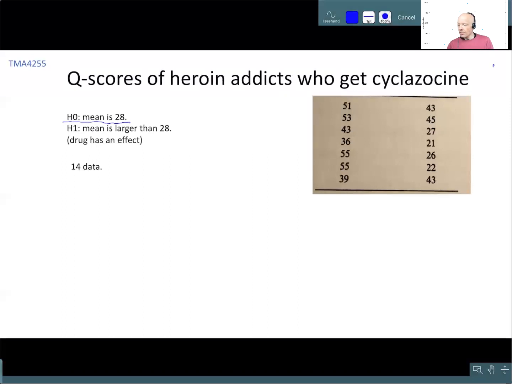And the question is then, okay, when you take this medication, are you performing better than the usual score of 28? There are 14 data values, so n is equal to 14, and you see the data here.